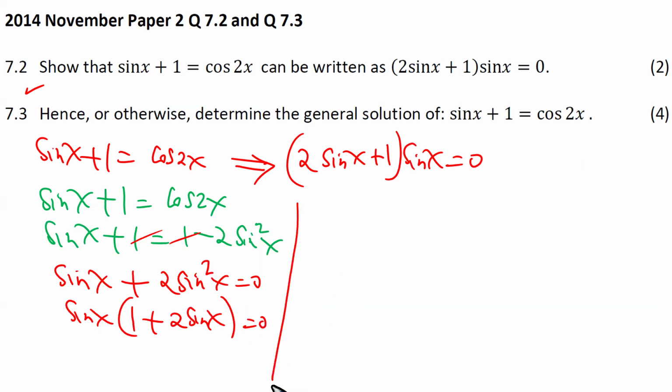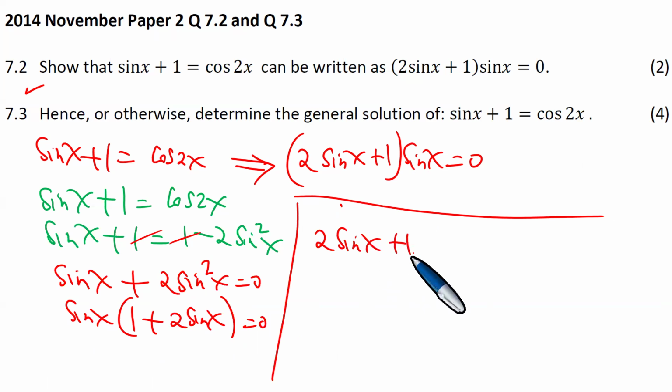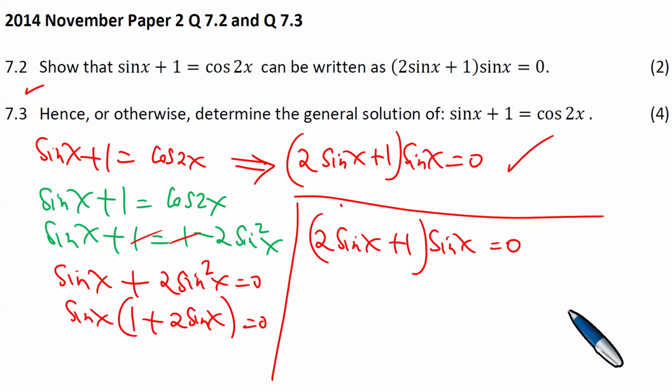By the way, we just had to show that. So we can write it as sine x times 2 sine x plus 1 equals 0, which is exactly what we had to show. Anything to add or remove from this?